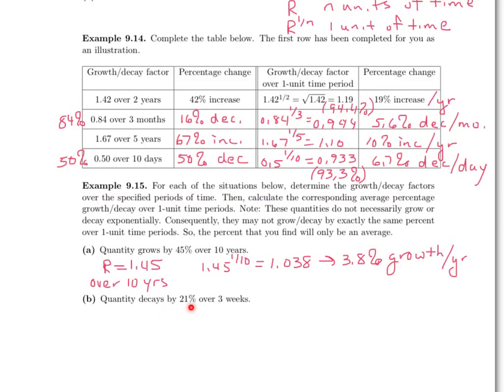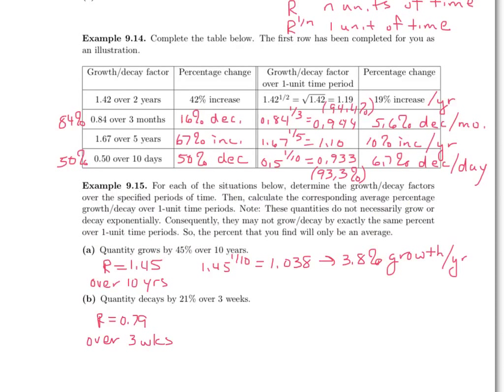This quantity decays by 21% over a 3-week period. The decay factor in this case represents the percentage remaining. The percentage remaining would be 79%, and if we write this as a decimal, it would be 0.79, and this is over 3 weeks.